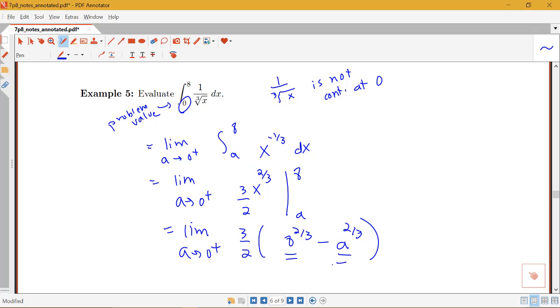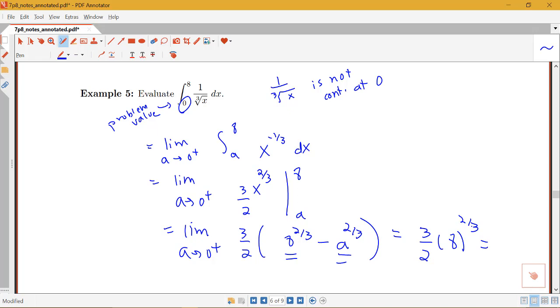So what about the limit as a goes to 0 from the right of a to the 2/3? Well, whenever it makes sense for me to just plug in the value and I get something that's defined, that will be the limit. Since if I just plug in 0 into a to the 2/3, that's 0, this limit will be just 3/2 times 8 to the 2/3.